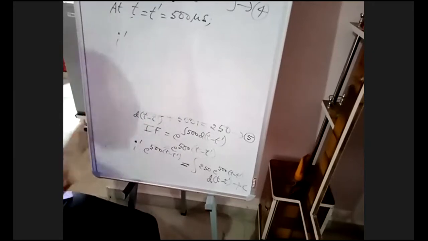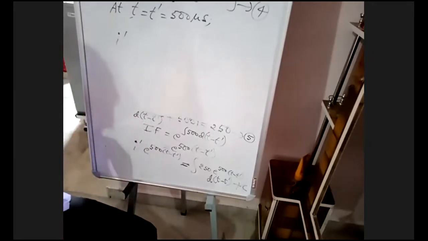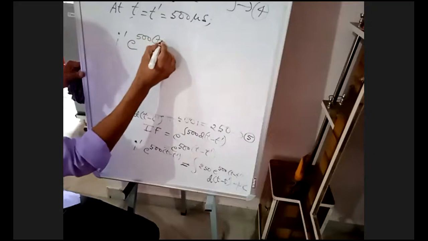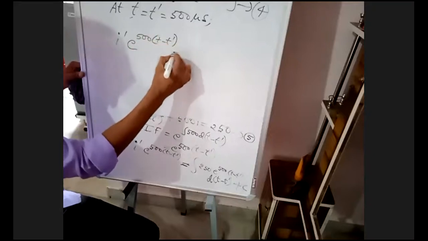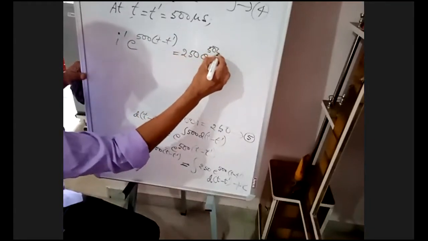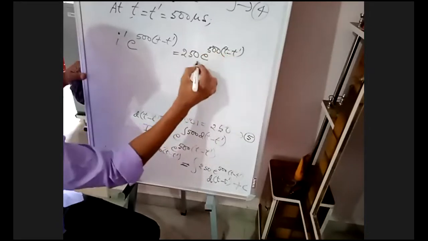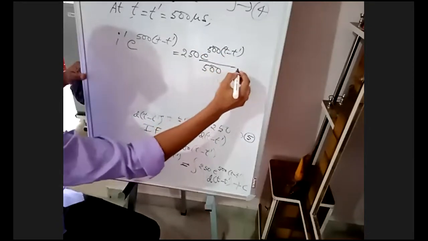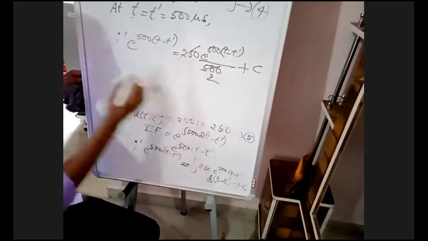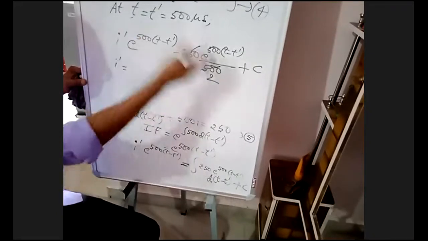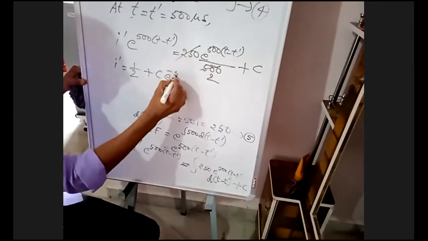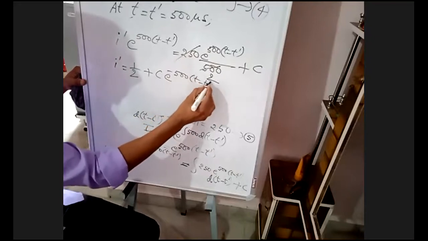I dash into e power 500 t minus t dash is equal to 250 into e power 500 t minus t dash by 500 plus c. Now bring this term to that side. This becomes half plus c into e power minus 500 t minus t dash.